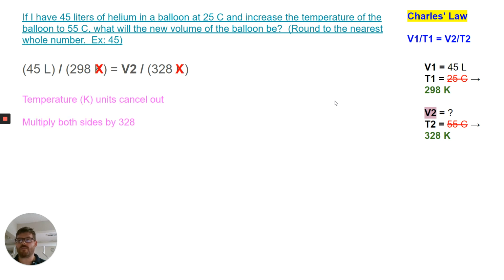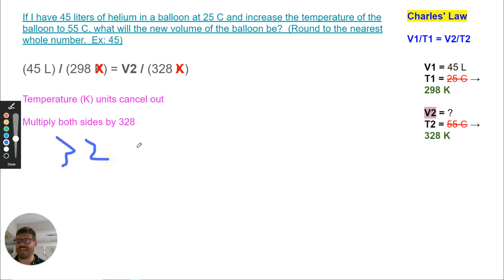And then from there, you're just going to multiply both sides by 328. And by doing that, the 328 on the right cancel, and then we're going to put the number over here on this side. So multiply both sides by 328, and then just solve for it. So I'll write it here for us. It's going to be 328.